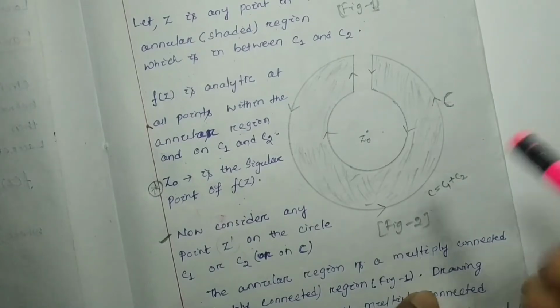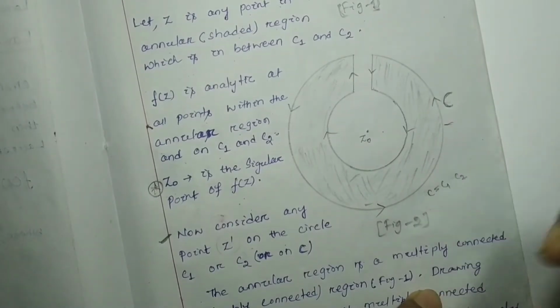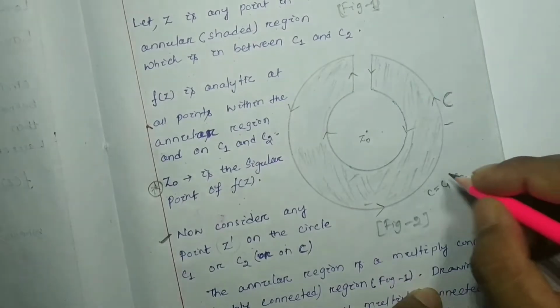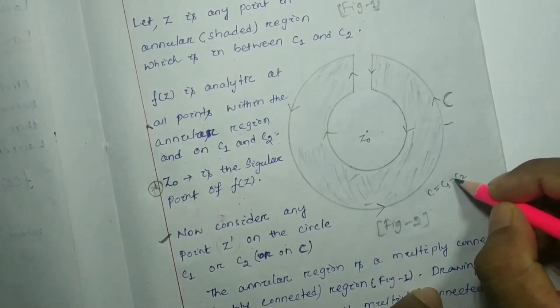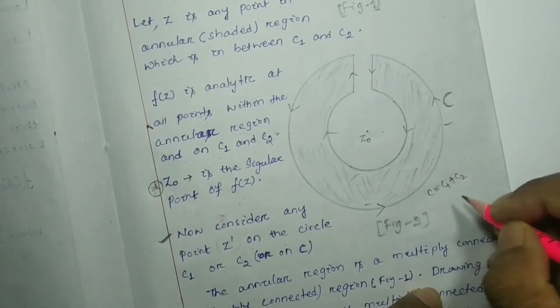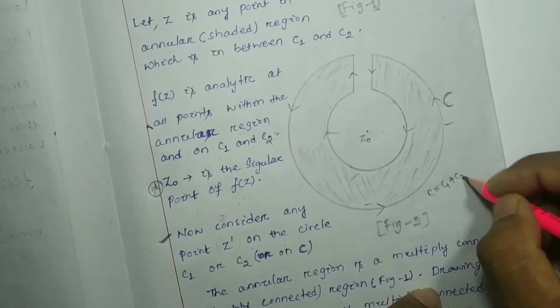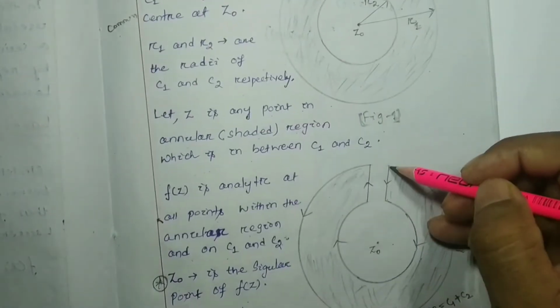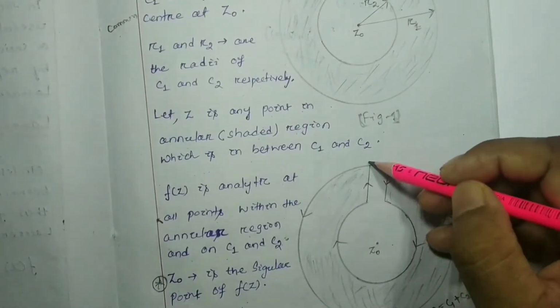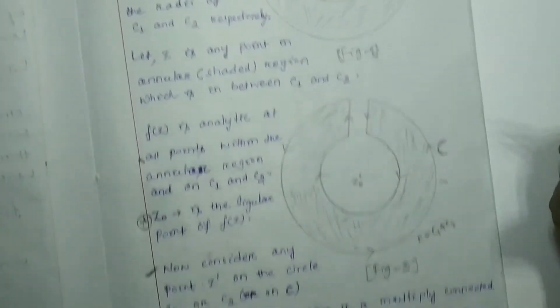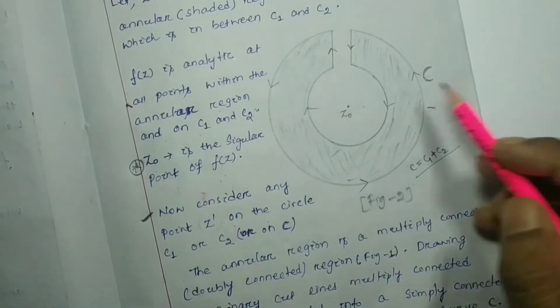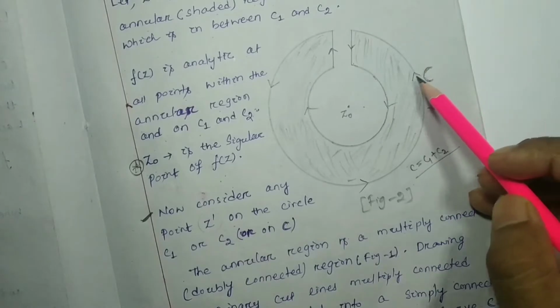C1 is anti-clockwise, C2 is clockwise, so C1 minus C2, or you can write it in the form of addition, plus C2. The cross cut lines run along opposite directions with the same length, so they cancel out. So C is nothing but the addition of C1 and C2.